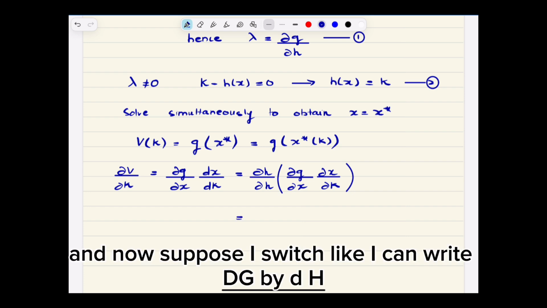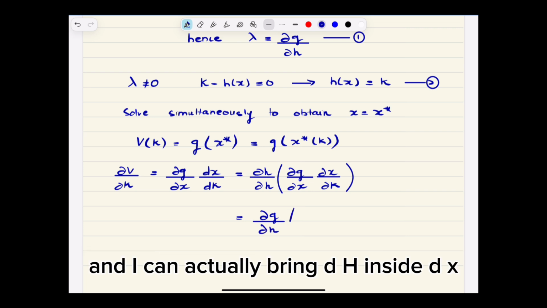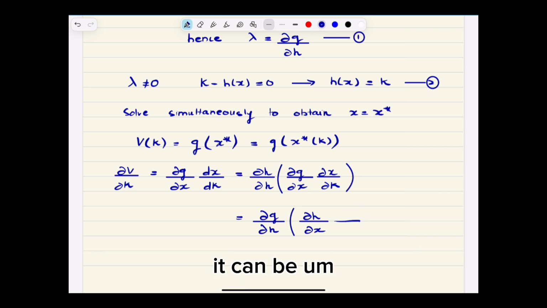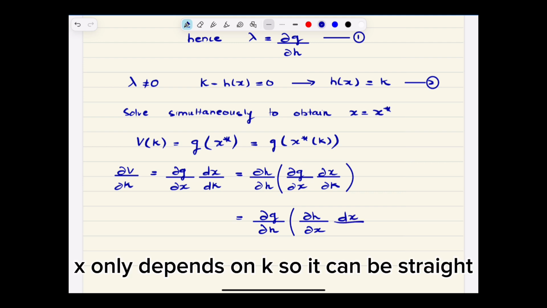Now I can write dg by dh, and bring dh inside dx. This doesn't need to be a partial, since x only depends on k, so it can be a straight derivative.